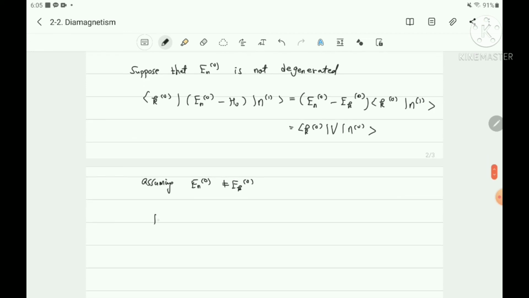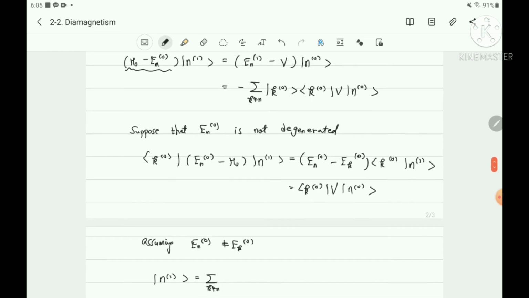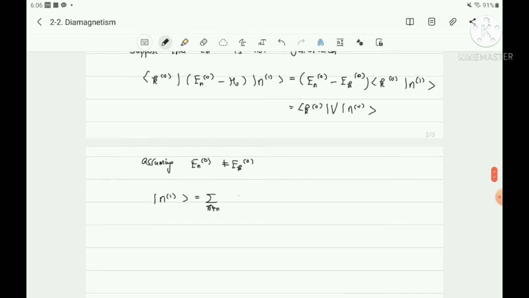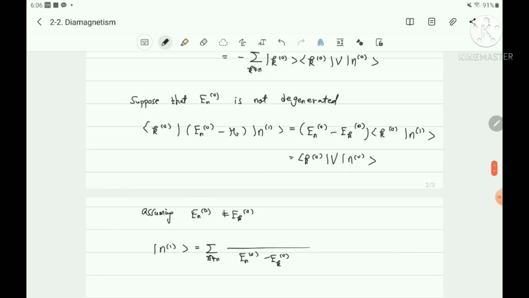Then the N1 state is the summation for k not equal to n, from the above relation, of k0 V n0 over En0 minus ek0, times k0.